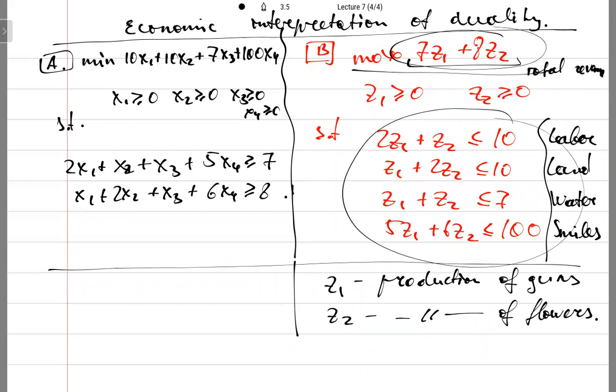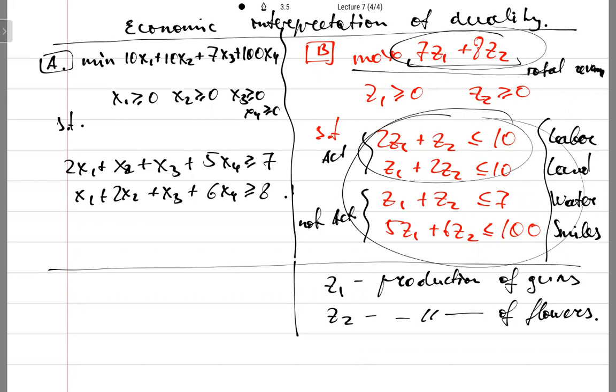And in this example, unused resources are burned. We know that these two restrictions are actually active, and these two restrictions in the solution of the problem are not active. So every day he has more water than he can use, but he cannot just take this water and use it another day. So unused resources are burned in this model.